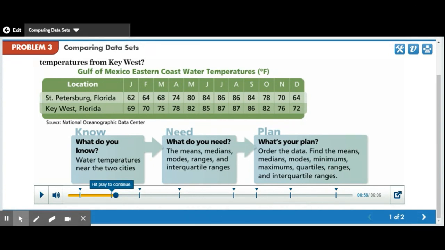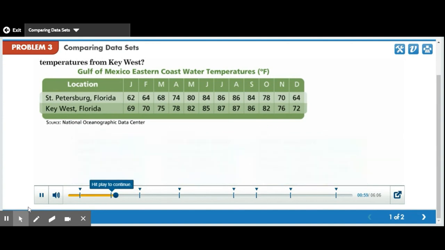It wouldn't be enough to just simply compare the means of both of them. To get a really good idea of what's happening, we should really be comparing the mean, median, mode, range, and interquartile ranges to get a better overall depiction of what's happening with our data set. So let's go ahead and use this resource that walks us through finding all of these different values. And we're going to start with St. Petersburg, and then we're also going to go through the example of Key West, Florida.